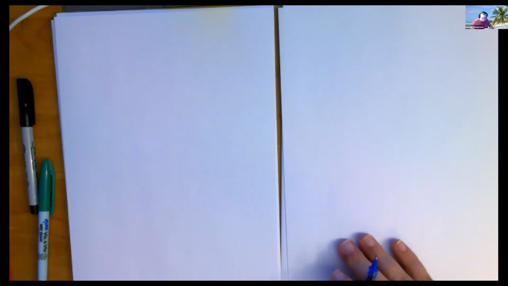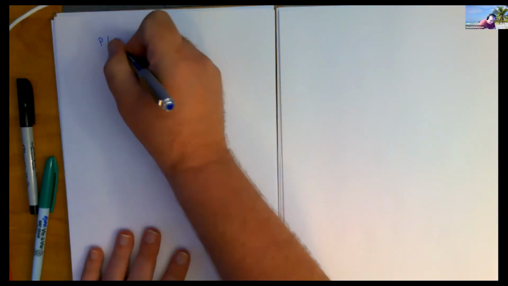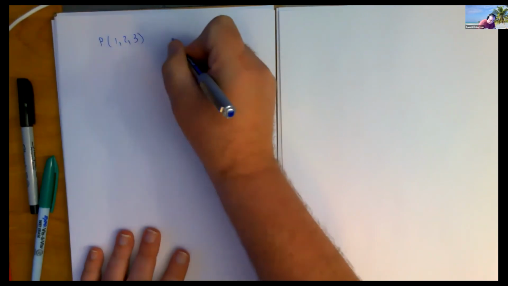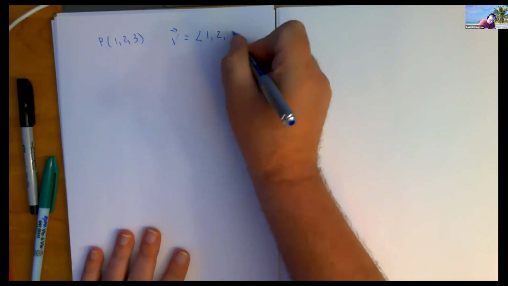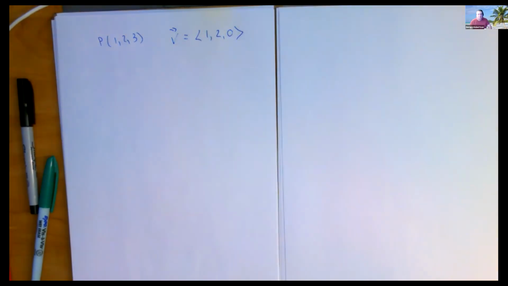Suppose I have a point P, 1, 2, 3, and the direction vector is 1, 2, 0.